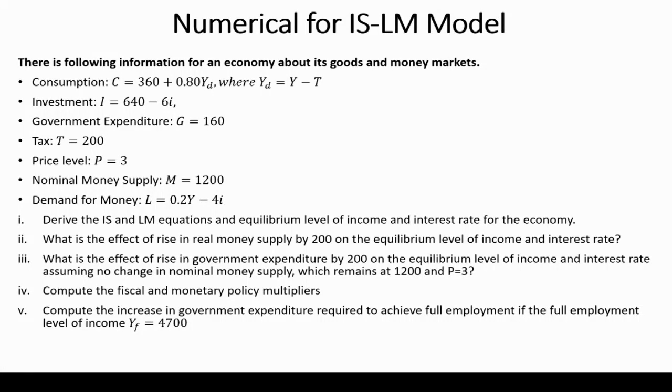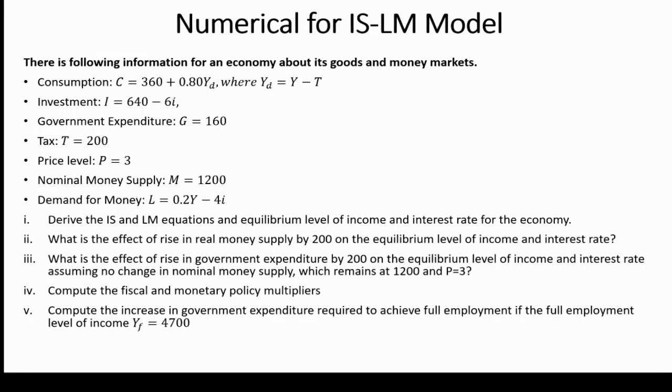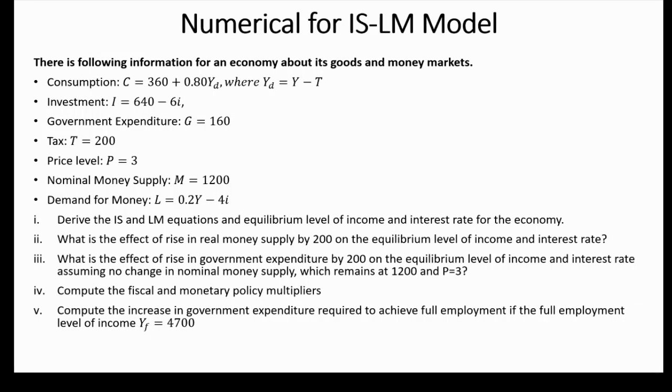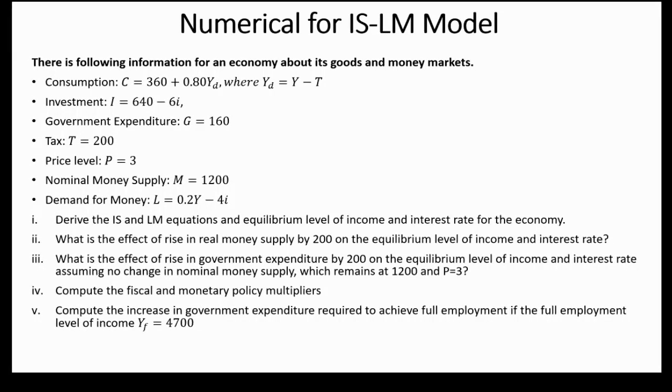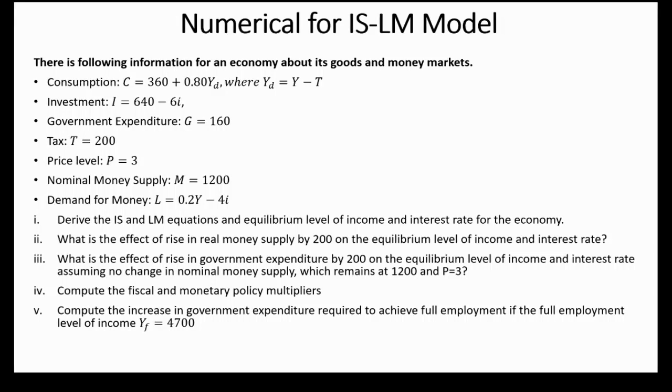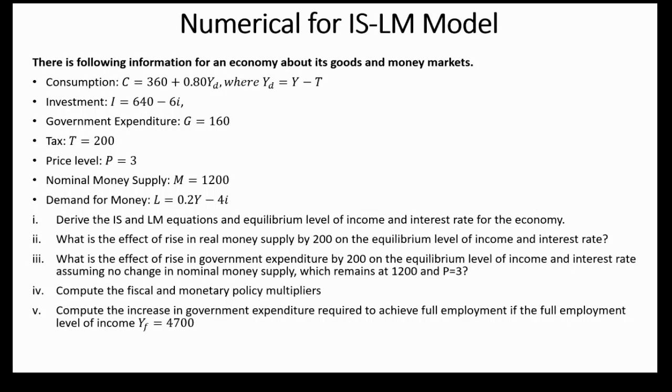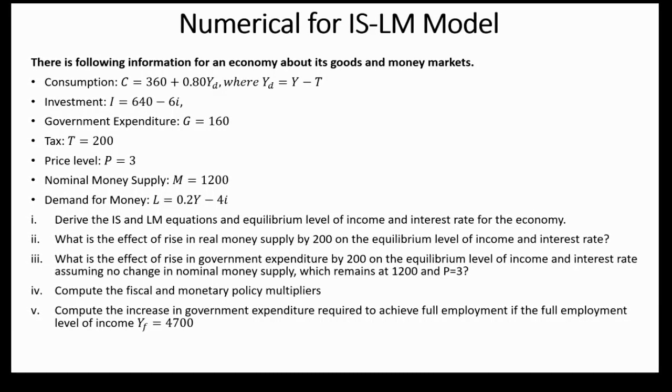Third question: what is the effect of a rise in government expenditure by 200 on the equilibrium level of income and interest rate, assuming no nominal money supply change, which remains at 1200? The fourth question is about computing fiscal and monetary policy multipliers.